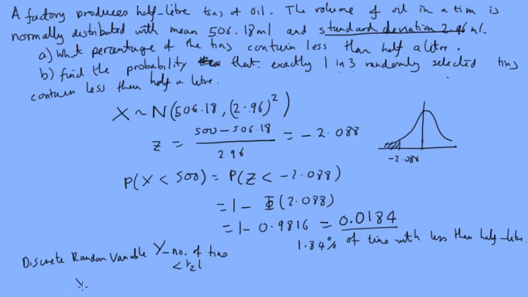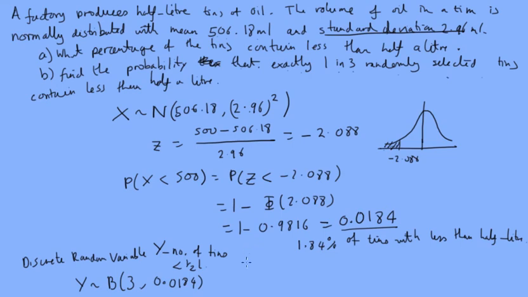So our random variable y is going to be a binomial distribution, and there's 3 in total, and the probability that they have less than half a litre is 0.0184. So in terms of our language for the binomial distribution, a success is going to be less than half a litre.